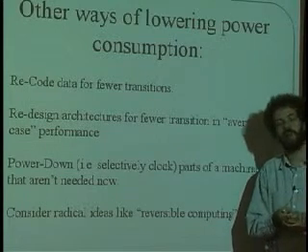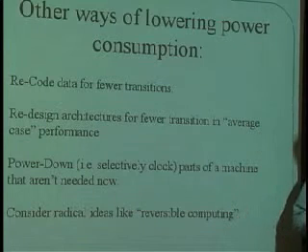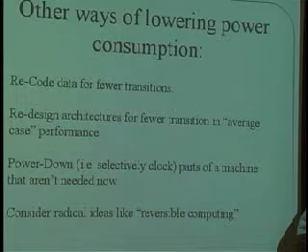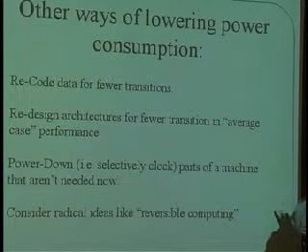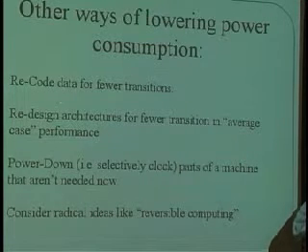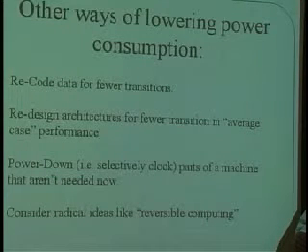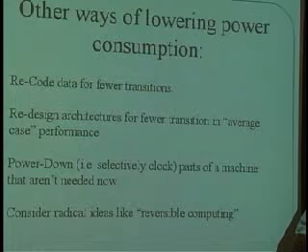The answer is that often you can do that. Depending on the specific application, oftentimes you can recode the data to minimize the number of bits that change. There's a tremendous field now of learning how to do that, how to make the data that's flowing around in the computer change the bits as little as possible.